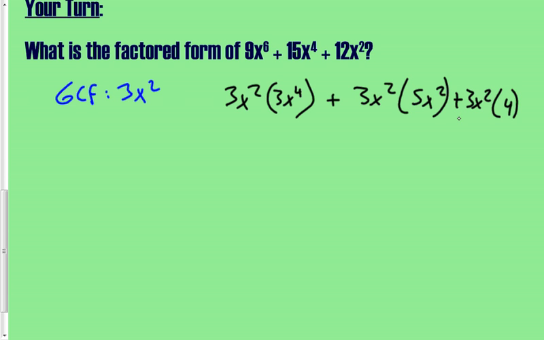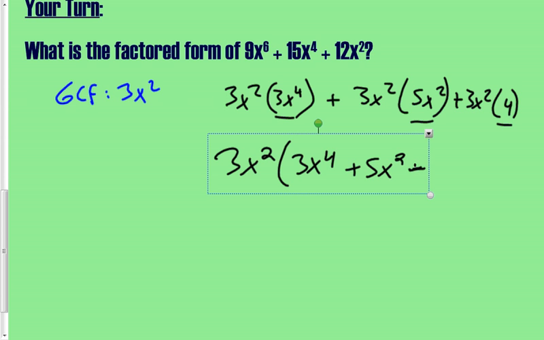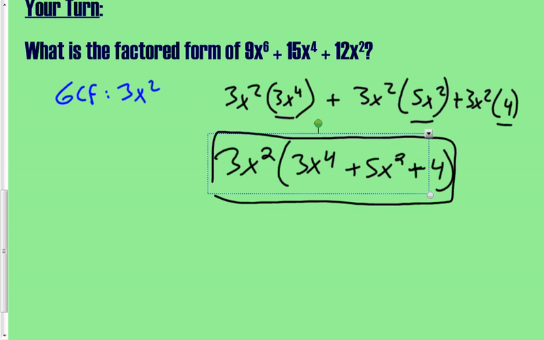That'd be it. Okay? So these are the parts that are left. Meaning, when you pull out the 3x squared and put it out in front, that's what's left. We have 3x to the fourth power plus 5x squared plus 4. And that is the factored version of this polynomial. All right?